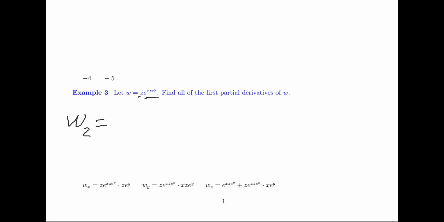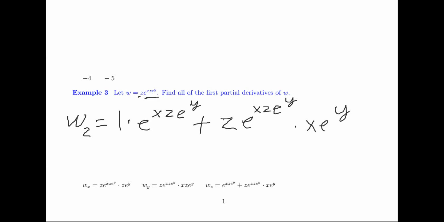So that is the derivative of the first times the second plus the first times the derivative of the second with respect to z. So that is e to the x z e to the y times the derivative of the exponent with respect to z. So that is just x e to the y. And that is exactly what we have written here.